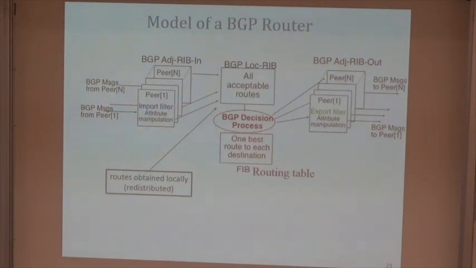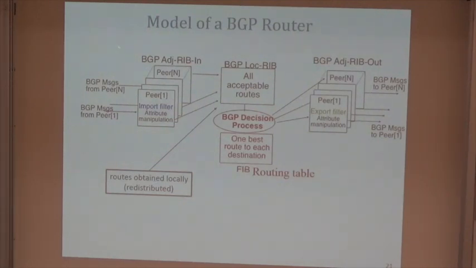useless repetition. So this is one model that's often given for a BGP router. We see all the elements. So the elements are first the routes that are obtained locally or redistributed. We'll talk about that later. For example, if a BGP router is connected directly to a certain prefix that it needs to advertise to the rest of the world, that will come from local information.